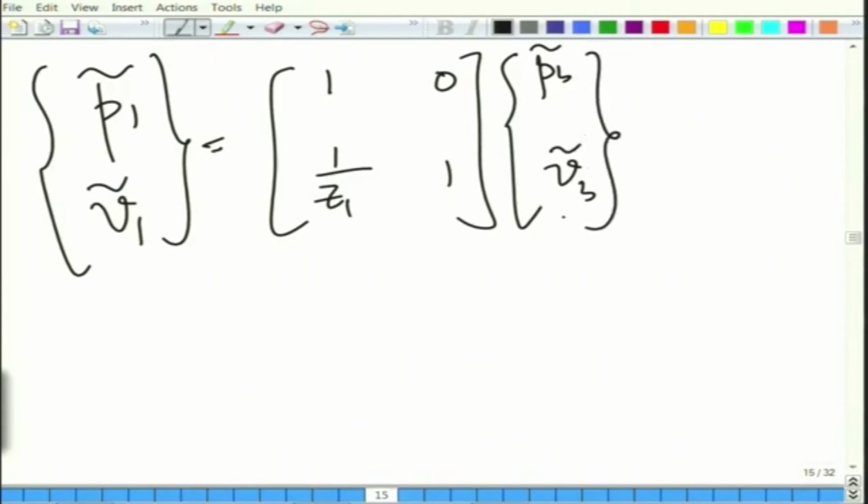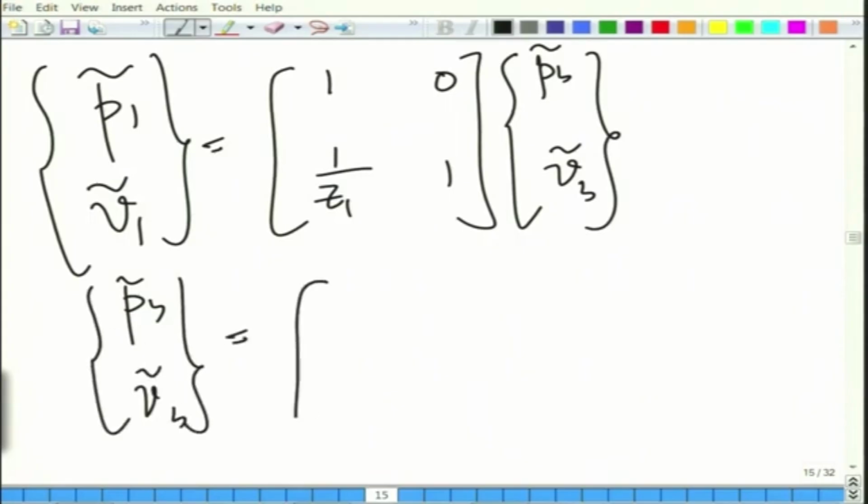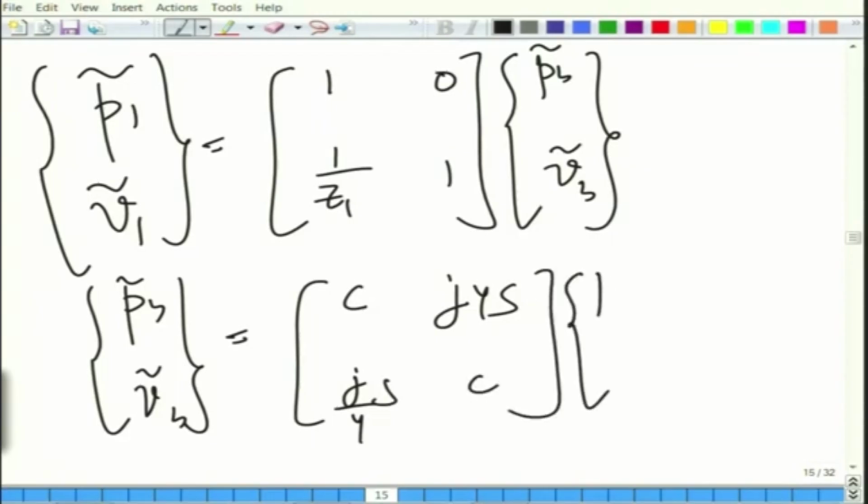Similarly, P4 tilde and P5 are connected through the representation [C, jY sin; j/Y sin, C] times P5 V5. Okay. So, this is what is going to be the case.